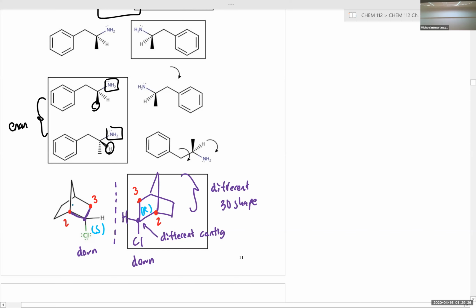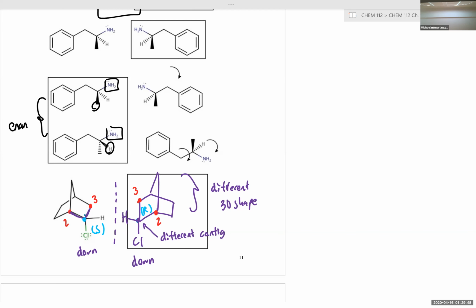This is one of the real strengths of our method for assigning R and S configurations in a standardized manner: it makes it very easy to see that the three-dimensional arrangement of our stereocenters is different. It's hard to see with the models sometimes, or just staring at the pen and paper without making a model.